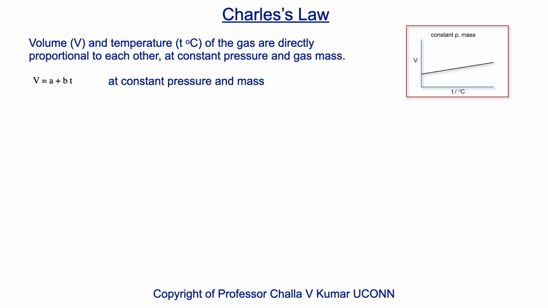And so the linear plot shown on the right hand side, the blue line, can be described using the equation y equals mx plus c, where y is the volume V, the intercept c is a, and the slope m is b. T is the x-axis variable. And we have to keep in mind that pressure and mass are being kept constant under these conditions.